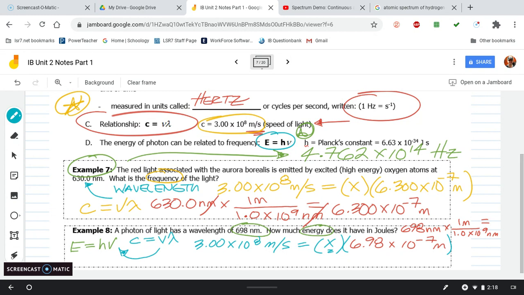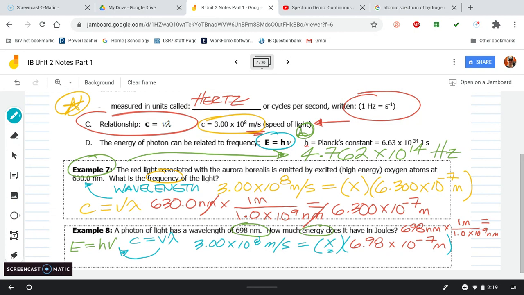It's going to be 3.00 times 10 to the 8th, and then we're going to divide it by 6.98 times 10 to the negative 7th. And we're going to get very similar values to above, 4.297. So 4.30 times 10 to the 14th.